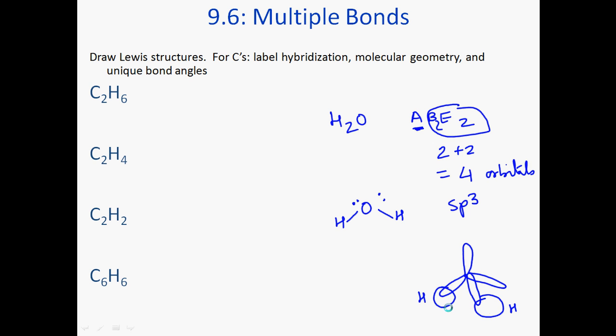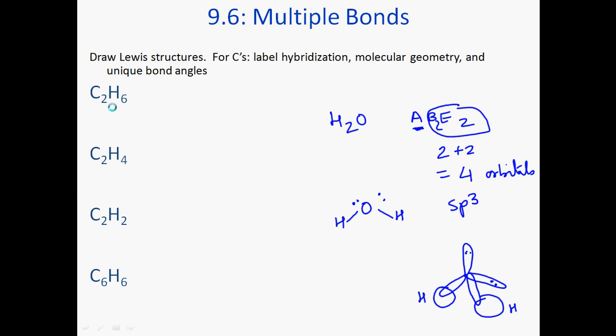For S, it's unhybridized S, and S is always spherical. Why S? Because hydrogen's valence electron is present in the S orbital, and here there'll be two lone pairs. So this will be the structure of water molecule as per hybrid orbital theory.